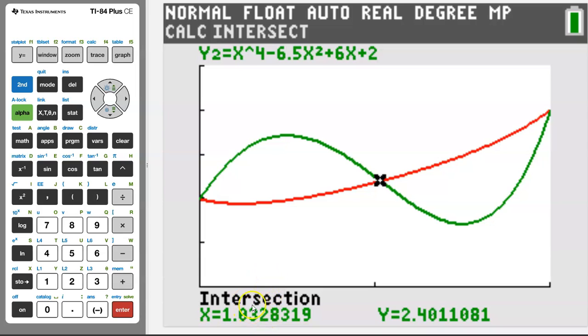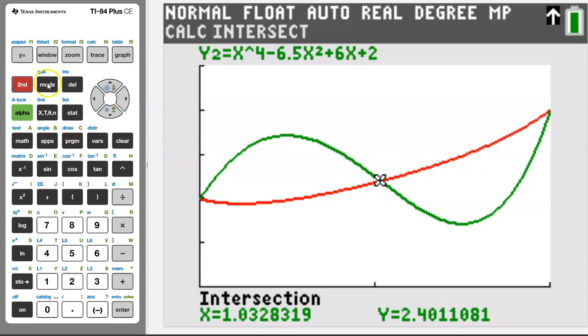I actually want to store this into a letter on my calculator. So I'm going to store this into letter B. You can store it into any letter you want, but the way you do this is quit your way out of here.